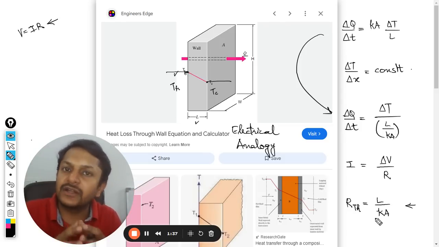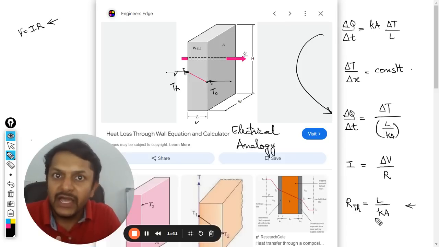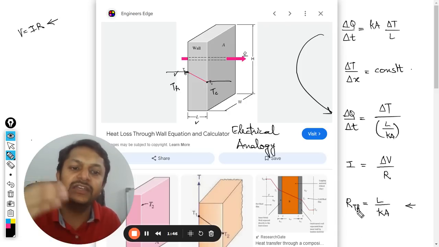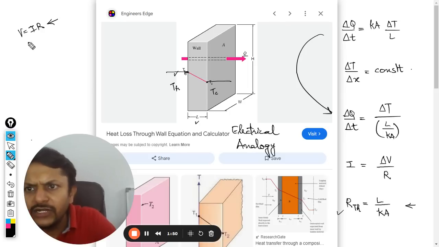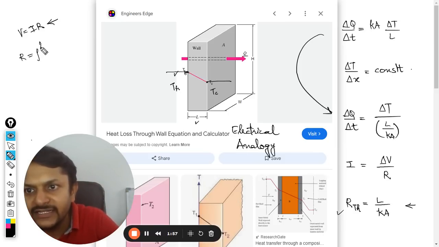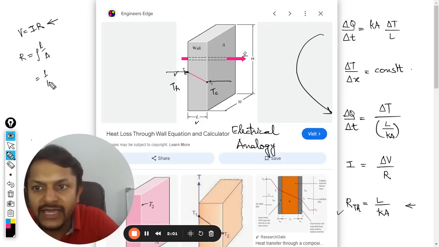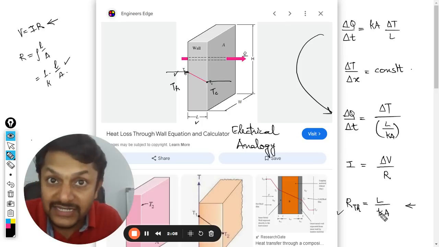Similarly, K is the thermal conductivity. So the more the thermal conductivity, the better the conductor, and the lower the resistance. So thermal conductivity is inversely proportional to the resistance. From here, I can even tell you that in the case of current electricity, we are going to do it in topic B5 in detail. Resistance is given by resistivity into L by A, or it is also given by 1 by K, which is taken as conductivity in that case, L by A, which is very similar to the thermal resistance.